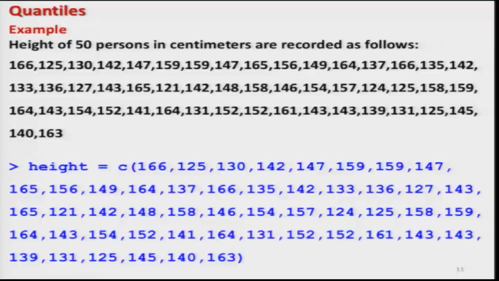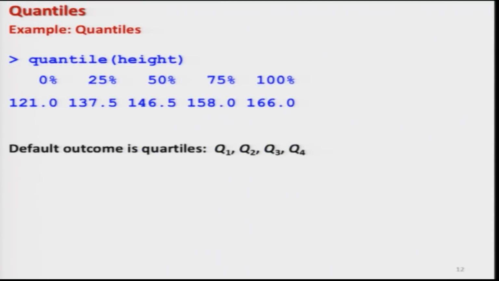So, now I will try to take an example, and I will try to show you how you can compute the quantiles, or in particular quartiles, deciles, percentiles or anything else. Now, I consider the example which I had also considered earlier, that there is data on the heights of 50 persons which are recorded in centimeters, and this data has been stored inside a variable, height, and now we would like to compute different types of quantiles over this data.